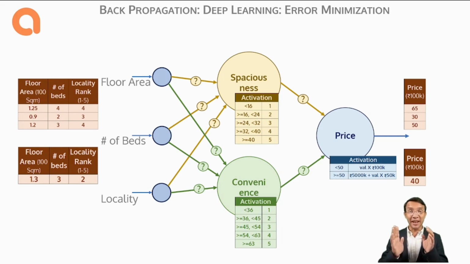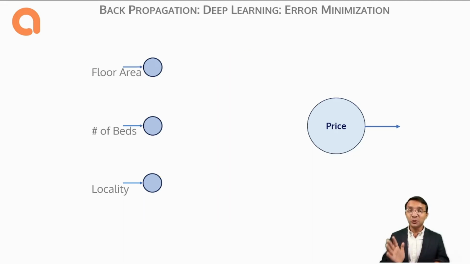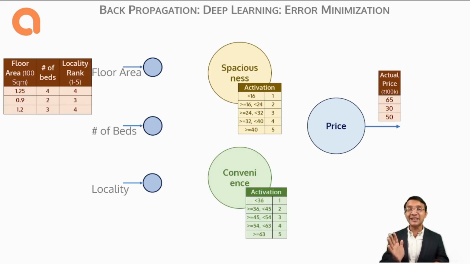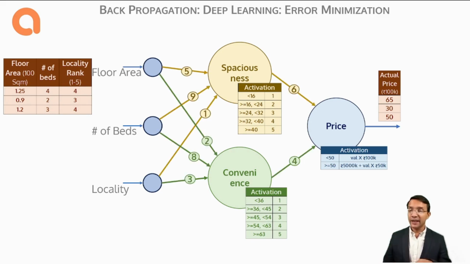And once we have that minimization, we have the best trained neural network to perform the particular job. To go about minimizing the errors in our artificial neural network, let us start with absolutely random coefficients.